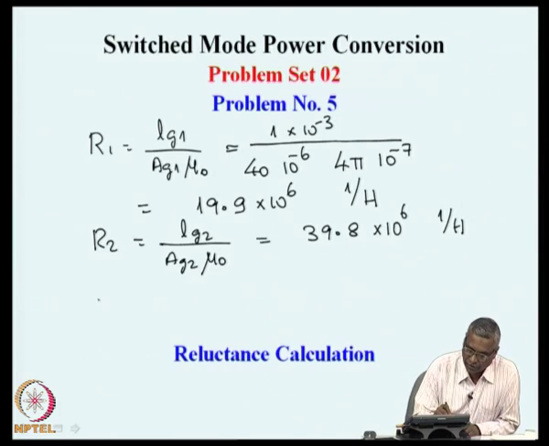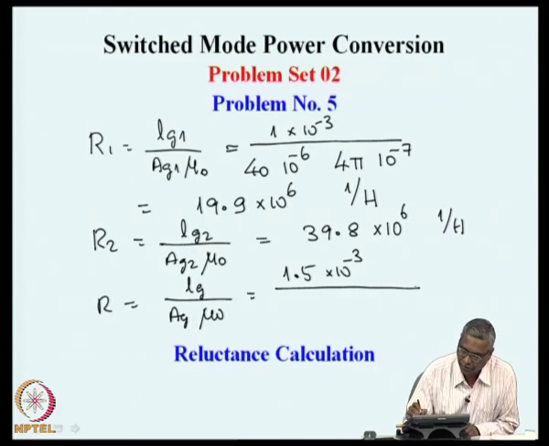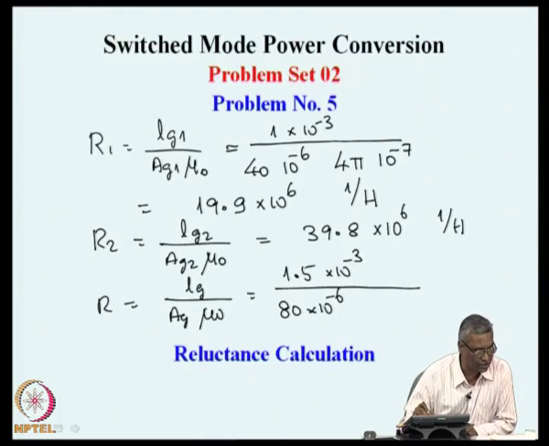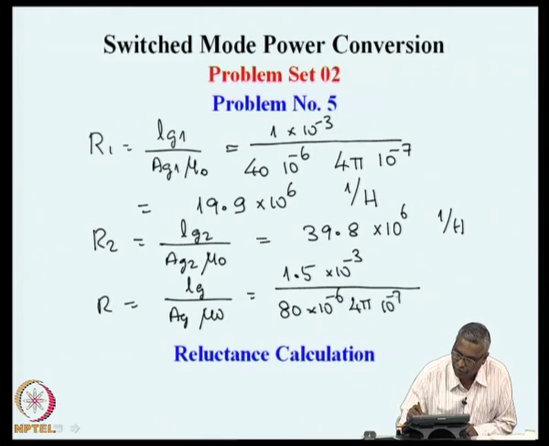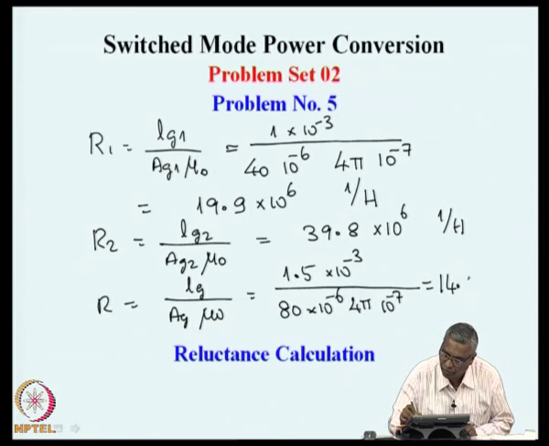The middle limb reluctance is given by Lg by Ag mu naught, and the middle limb has a gap of 1.5 millimeter, 10 power minus 3, divided by area of cross section 80 into 10 power minus 6 meter square, multiplied by 4 pi 10 power minus 7, and this quantity is 14.92 into 10 power 6, unit is 1 by H.